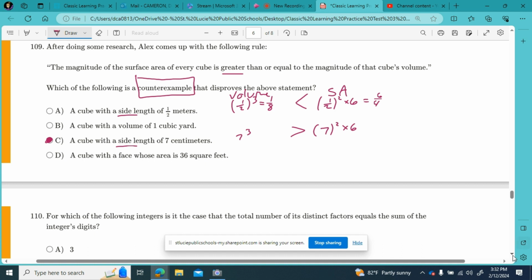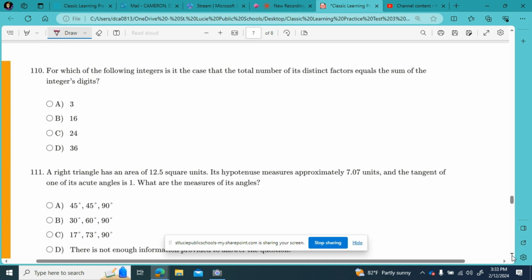And then number 110. For which of the following integers is it the case that the total number of its distinct factors equals the sum of the integer's digits?